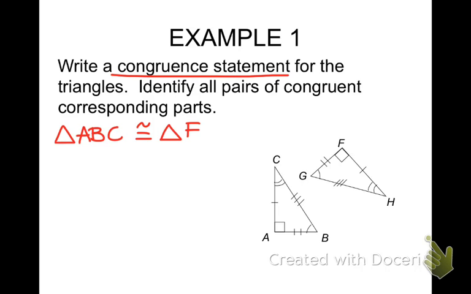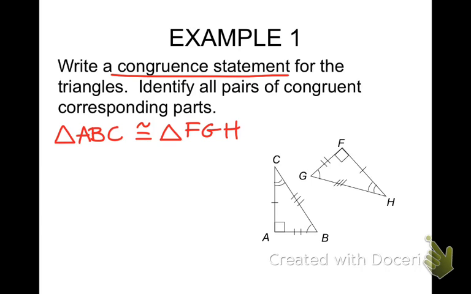B has 1 congruent marking. G has 1 congruent marking. So I'm going to put G next, followed by H. That is a congruence statement. So if you're asked to write a congruent statement, it should look like that. It is very, very important that your letters match up with each other.